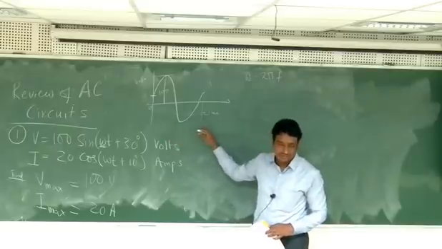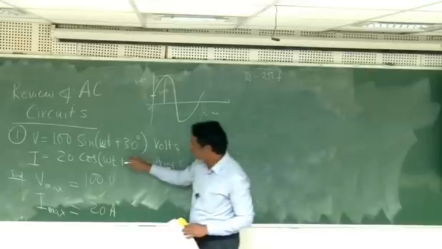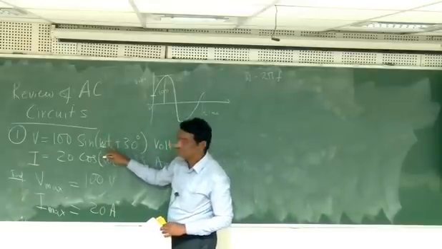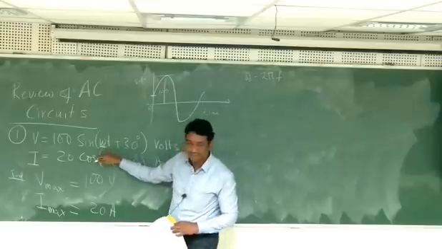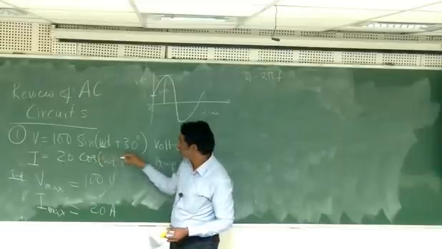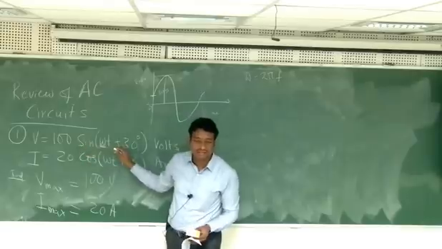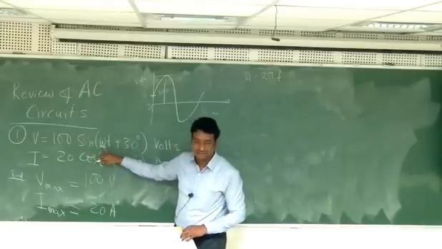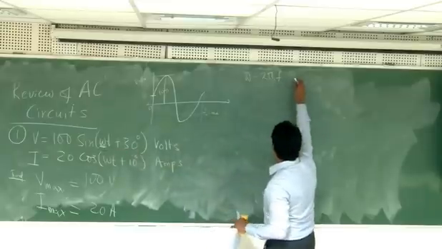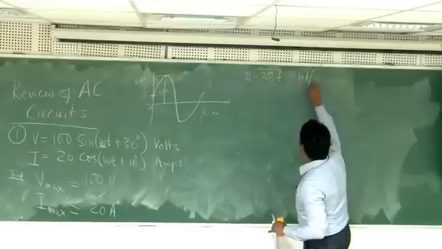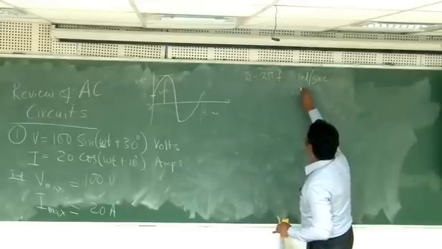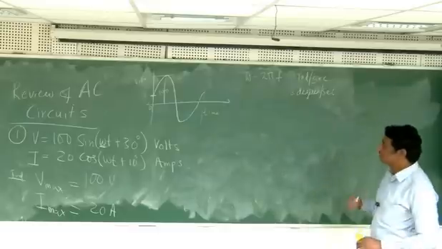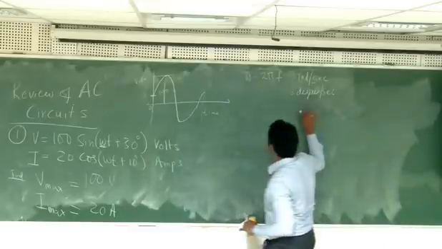The x-axis is time. The unit of t is seconds, whereas the unit of omega should be something so that the whole thing becomes an angle, so that sine can apply to that angle. So omega will be radians per second, or you can also say degrees per second. When it multiplies by t, the seconds get cancelled and the angle remains.